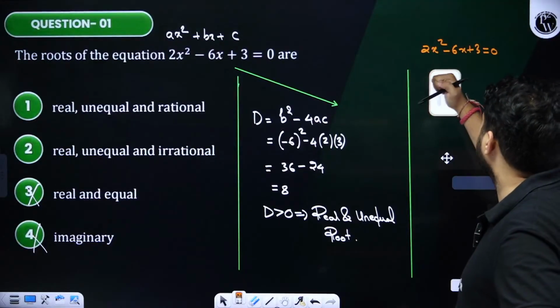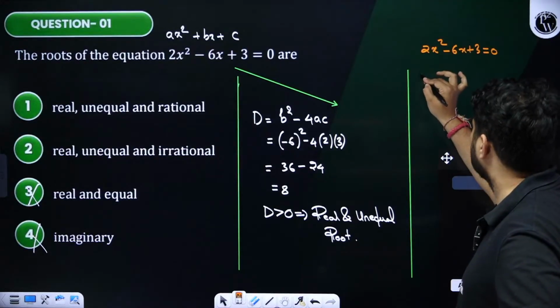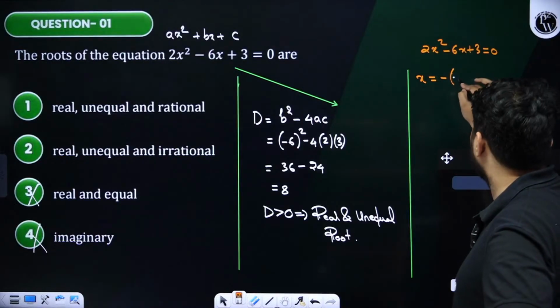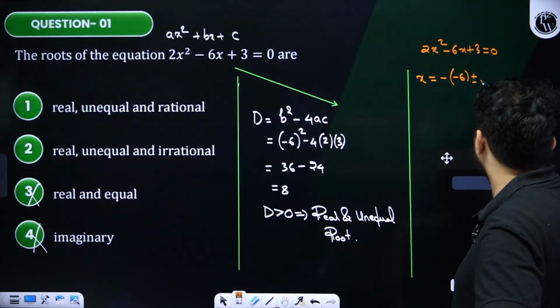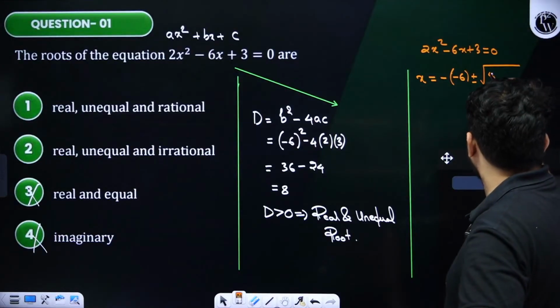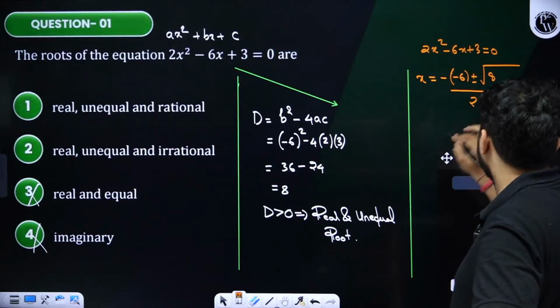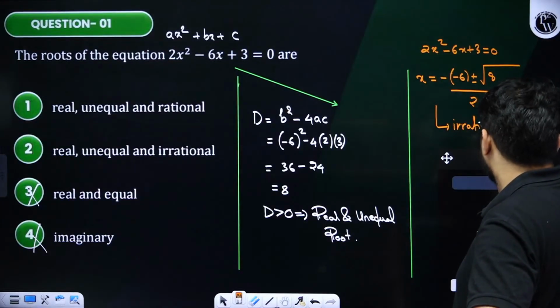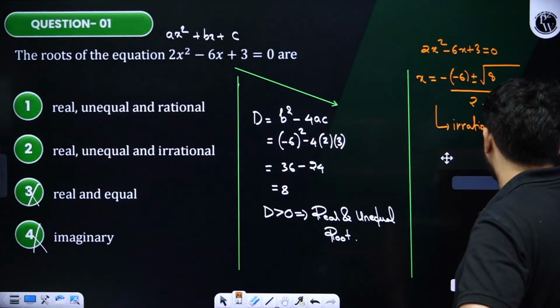Okay, we'll get irrational roots, students, over here. Because if I use the quadratic formula, x will be minus of minus 6 plus or minus square root of this discriminant value 8, divided by 2. So these are nothing but what, irrational roots. Irrational roots over here.